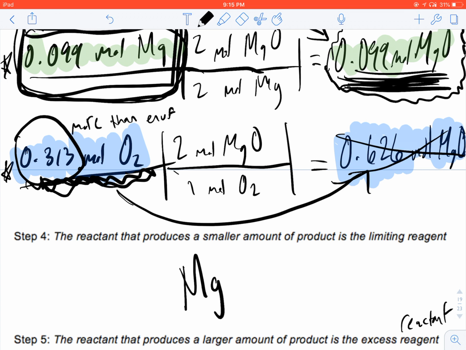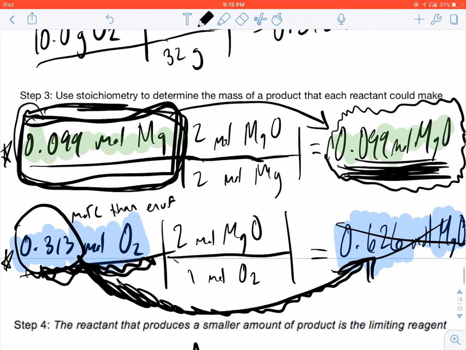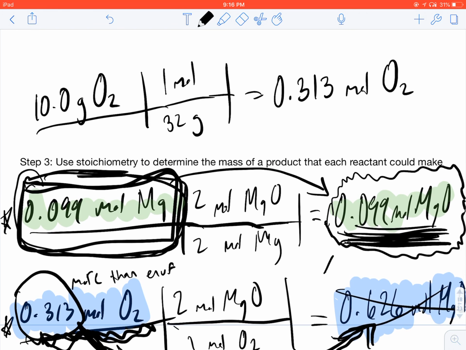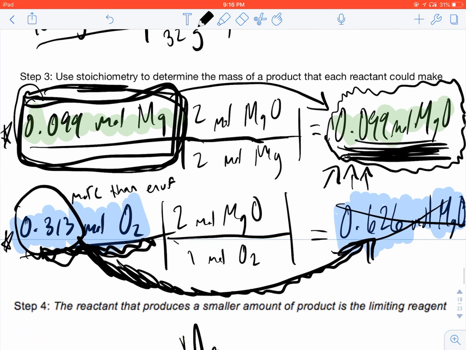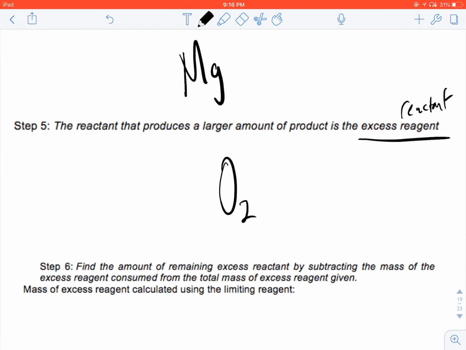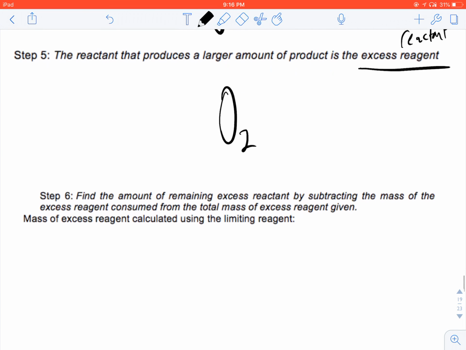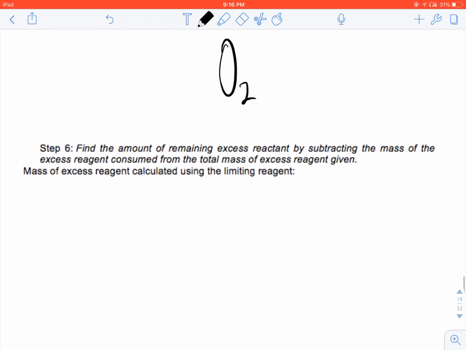If we used all of this, we would be making that much magnesium oxide, but we're only making that much. So obviously we're going to have some O2 left over. So that's why it's called our excess reagent, excess reactant.